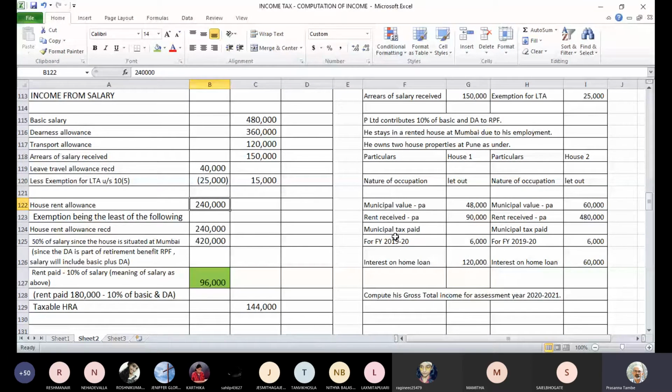The third factor for comparison is rent paid minus 10% of salary. Again, the meaning of salary remains the same as earlier, because it includes the basic and dearness allowance.